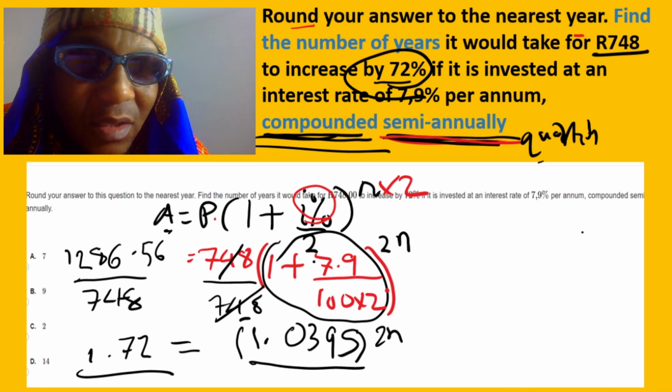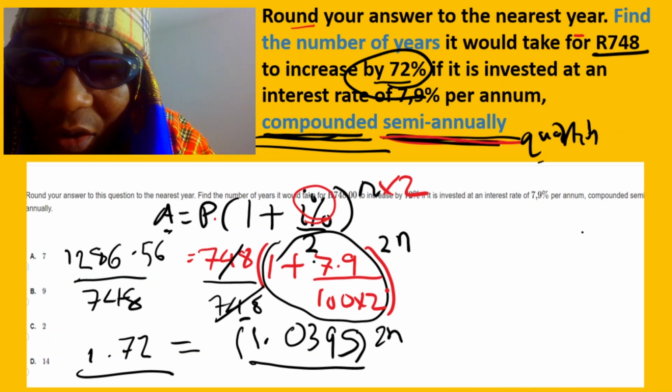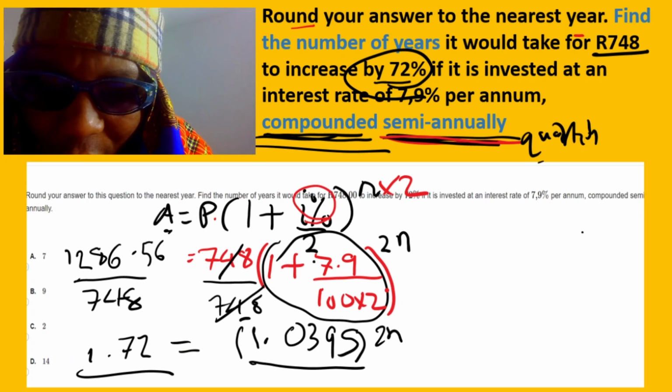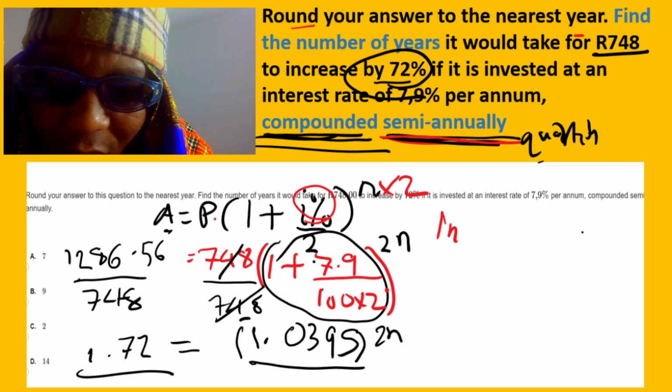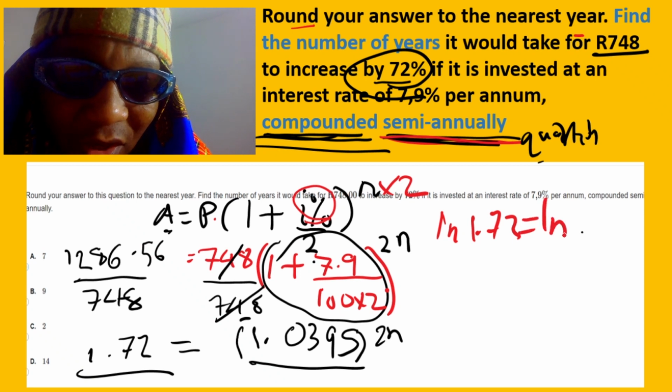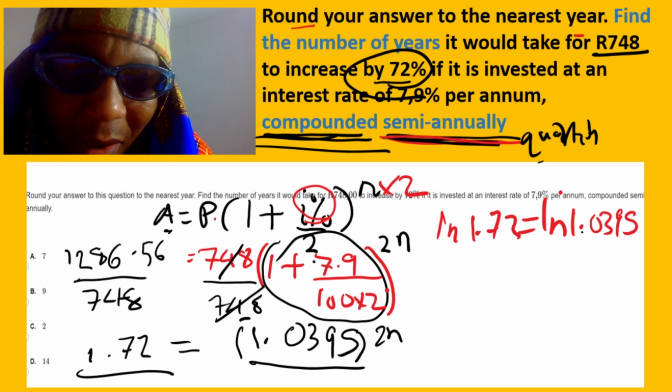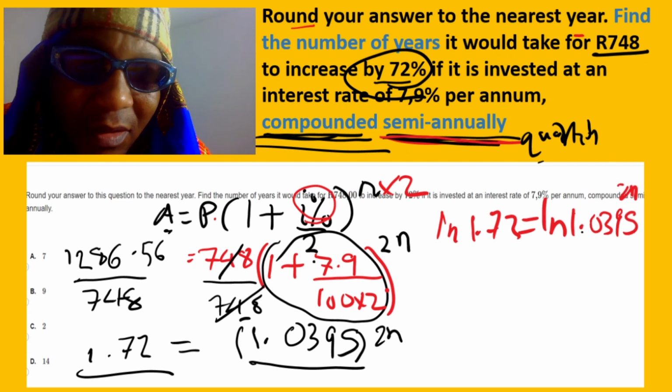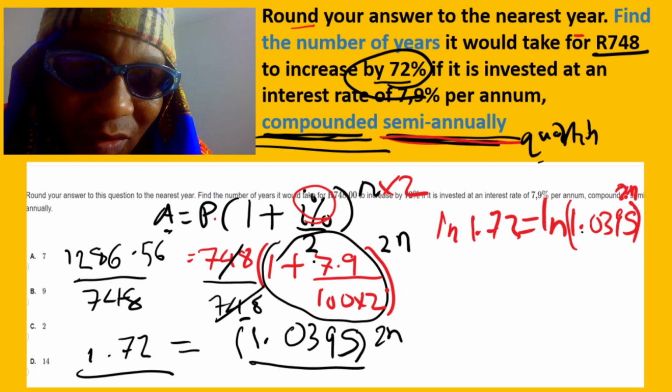So let's apply ln. All this stuff is going to be ln of 1.72 on the left, and the right is going to be ln of 1.0395 power 2n. Sorry, this is power 2n, this is there on top.